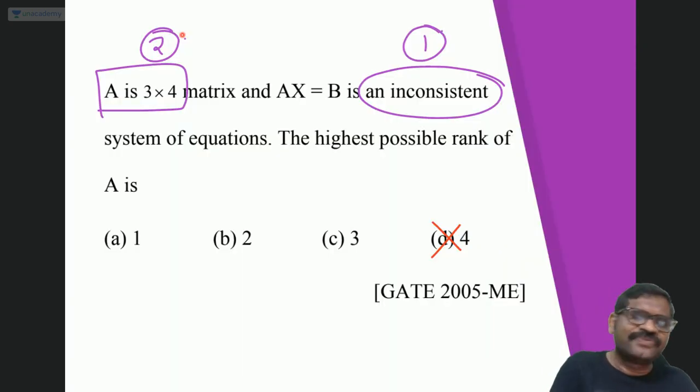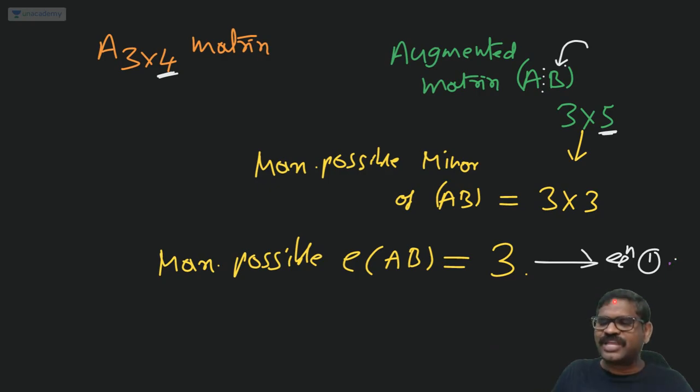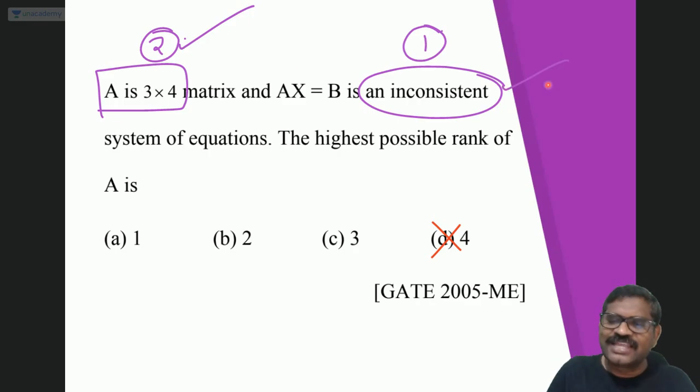With the help of this second hint, I got equation 1. What about the first hint? Ax equal to B is an inconsistent system.